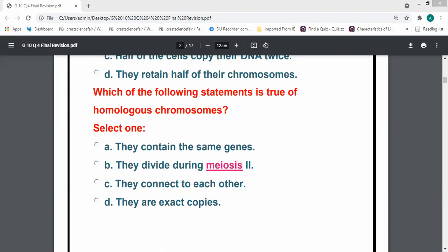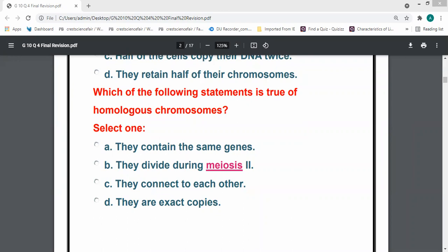They contain the same genes and the same traits. Yes, they just carry the same genes, same traits.